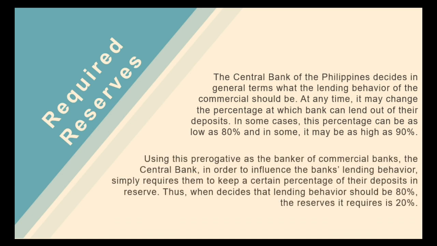So using this prerogative as the banker of the commercial banks, the central bank, in order to influence the banks' lending behavior, simply requires them to keep a certain percentage of their deposits in reserve. Therefore, when they decide that lending behavior should be at 80%, the reserve it requires is 20%.